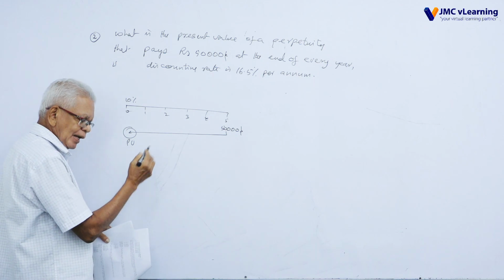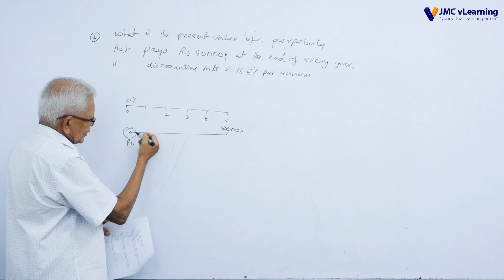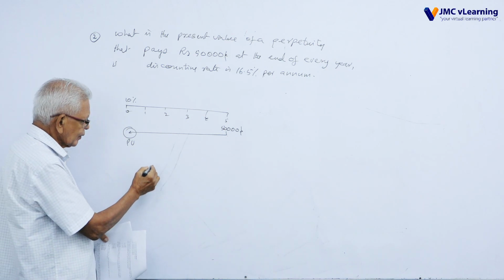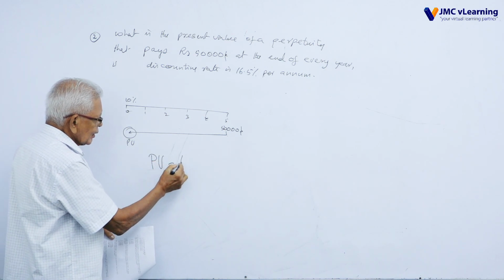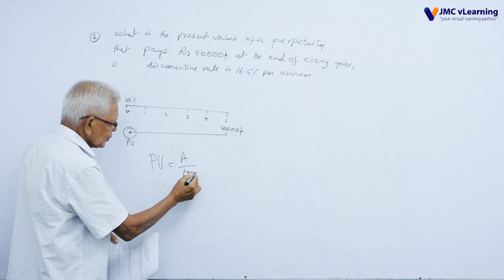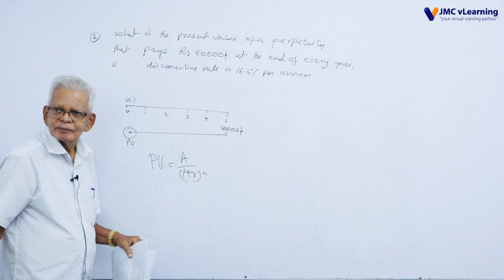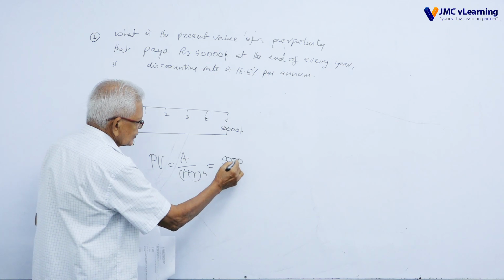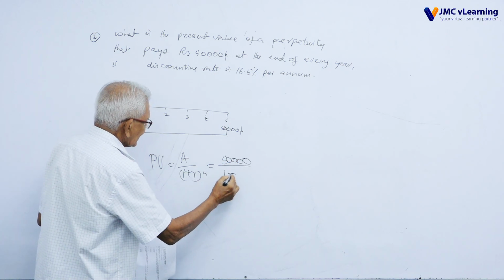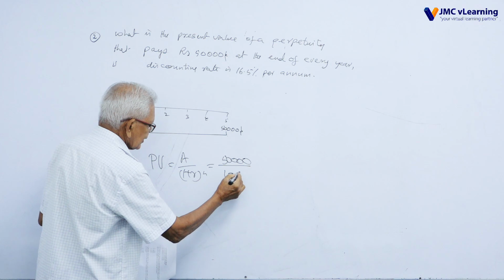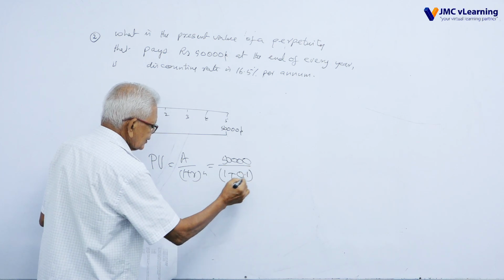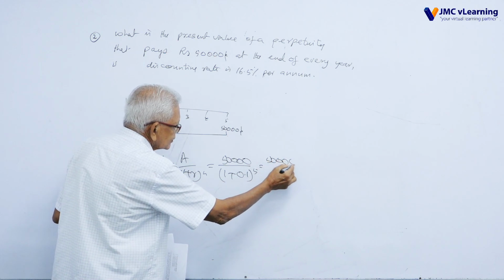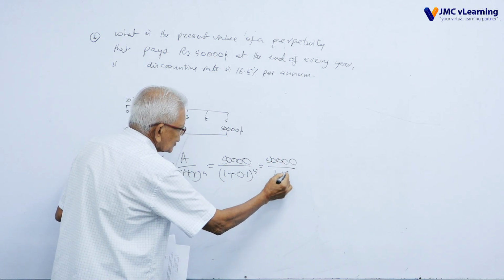Nothing else, just today. After 5 years, he is getting 50,000. What is the present value of this? What is the present value formula? A over 1 plus R to the power n. So 50,000 divided by 1 plus 0.1 to the power 5, that is 50,000 over 1.1 to the power 5.